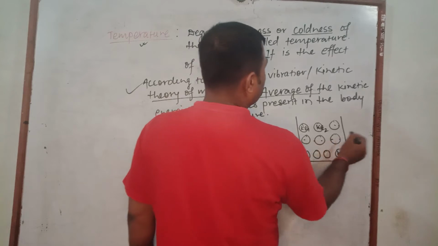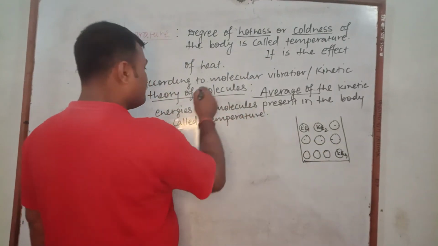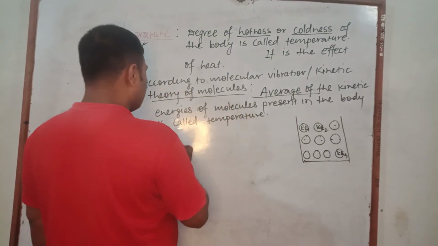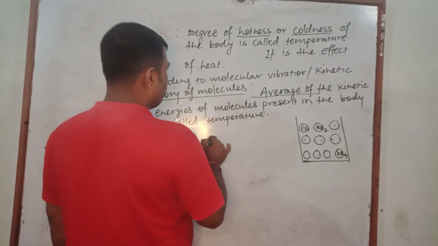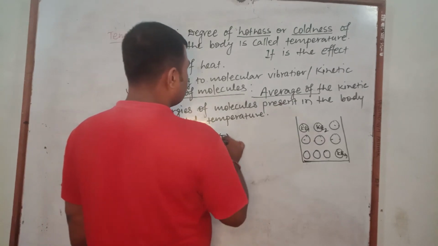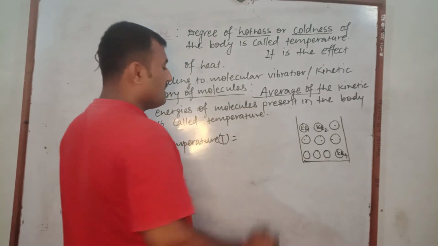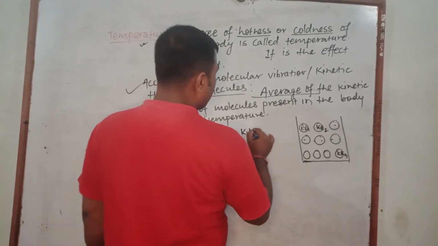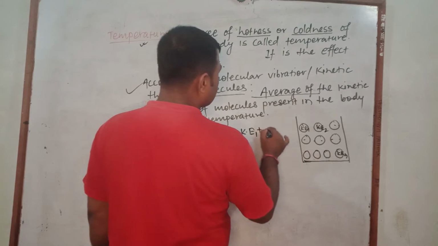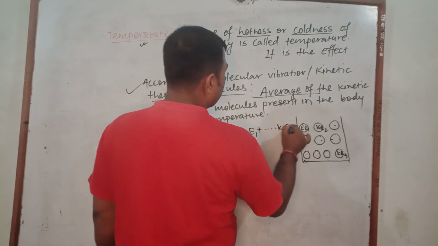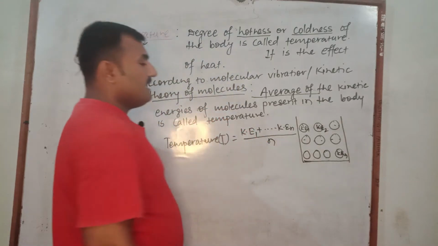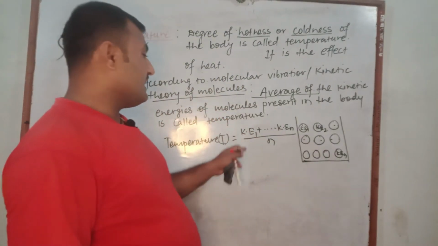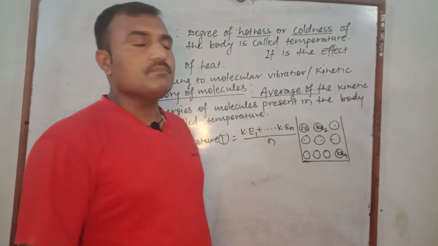According to this definition, temperature, denoted by T, is the sum of the kinetic energy of the first molecule to the nth molecule divided by n. That average is the arithmetic mean.